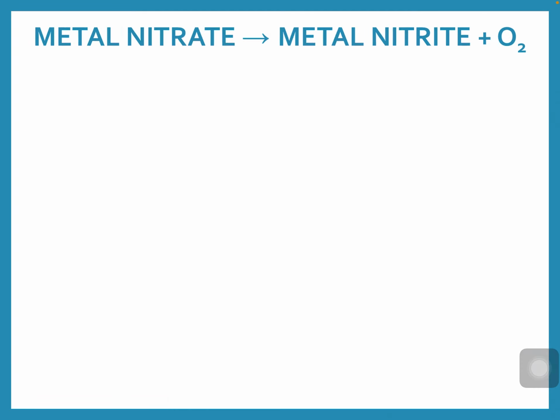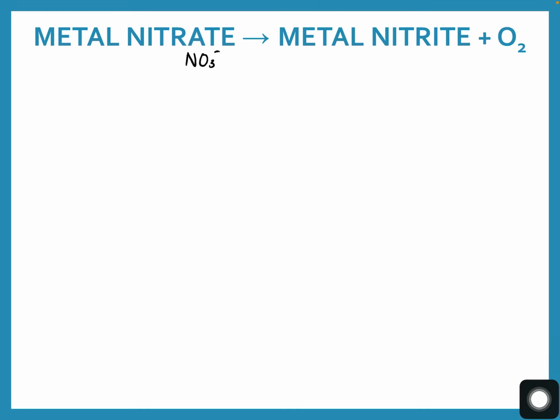The next type of decomposition reaction is where we start with a metal nitrate. From our data tables, nitrate is NO3, with a charge of NO3-. And that is going to break down into a metal nitrite and oxygen. We haven't gone over the naming yet, but anything that ends in -ate, to become an -ite, just loses 1 oxygen.